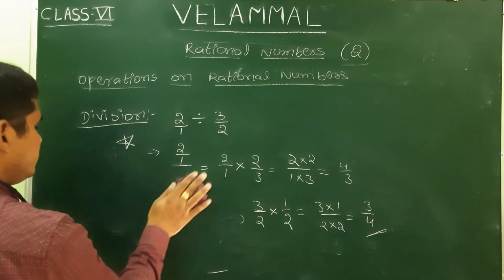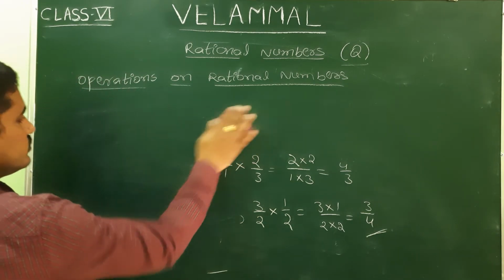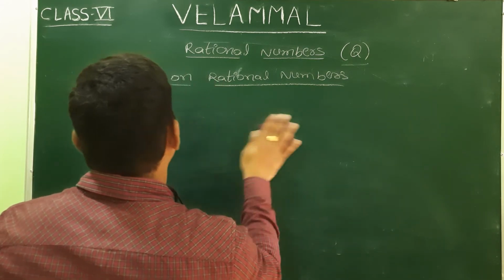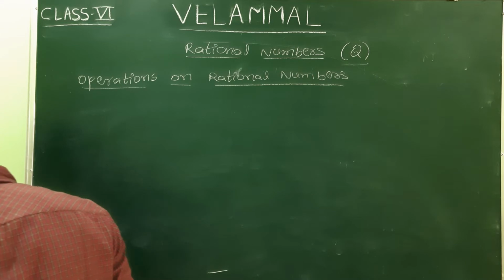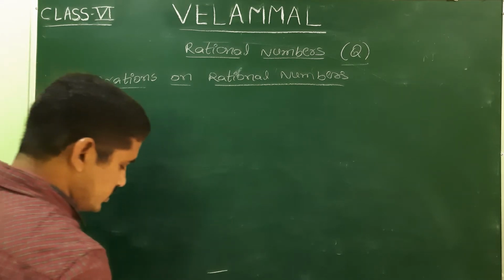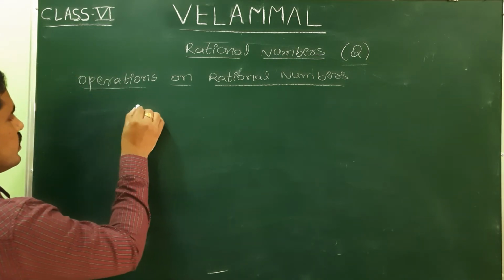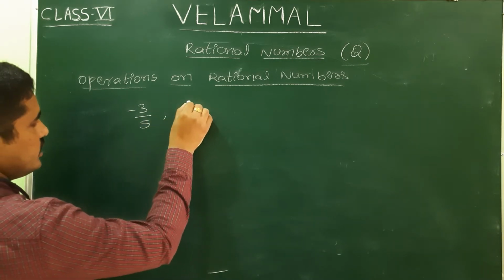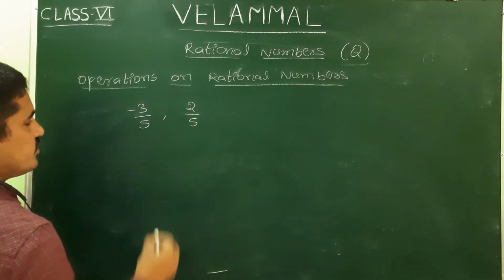Next we have inserting rational numbers between rational numbers. For example, minus 3 by 5 and 2 by 5 are given.